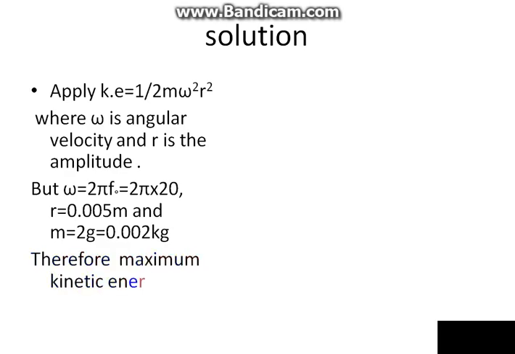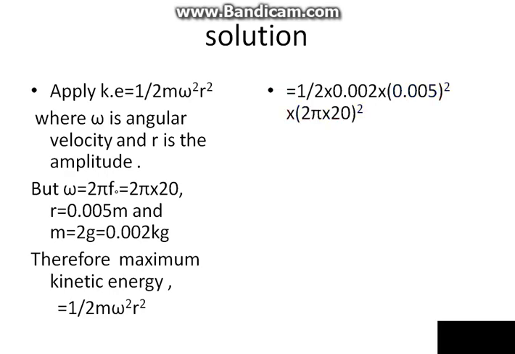Therefore, maximum kinetic energy equals 1/2 m ω² r², which equals half times 0.002 times (0.005)² times (2π times 20)², which equals 0.0003951 joule, or 3.9 times 10 to the power minus 4 joule.